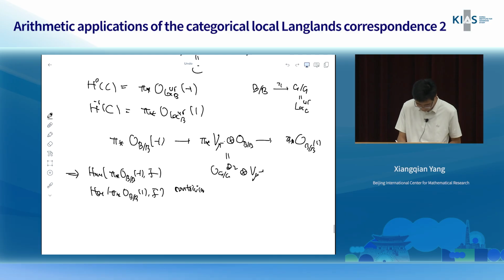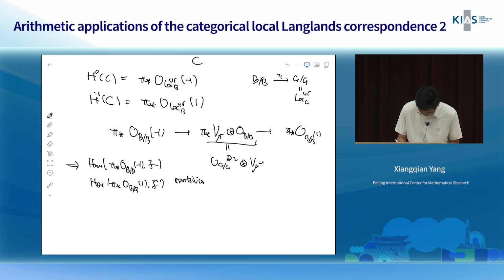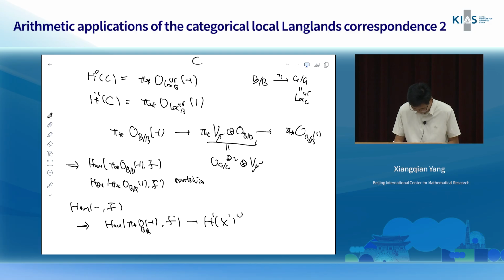But somehow here we know that this object is only given by the extension of these two. So recall that if you apply Hom to the Igusa sheaf to this distinguished triangle, this will imply that Hom from pi star O minus 1 to F maps to H1 of the X prime, two copies, then maps to Hom of the other.